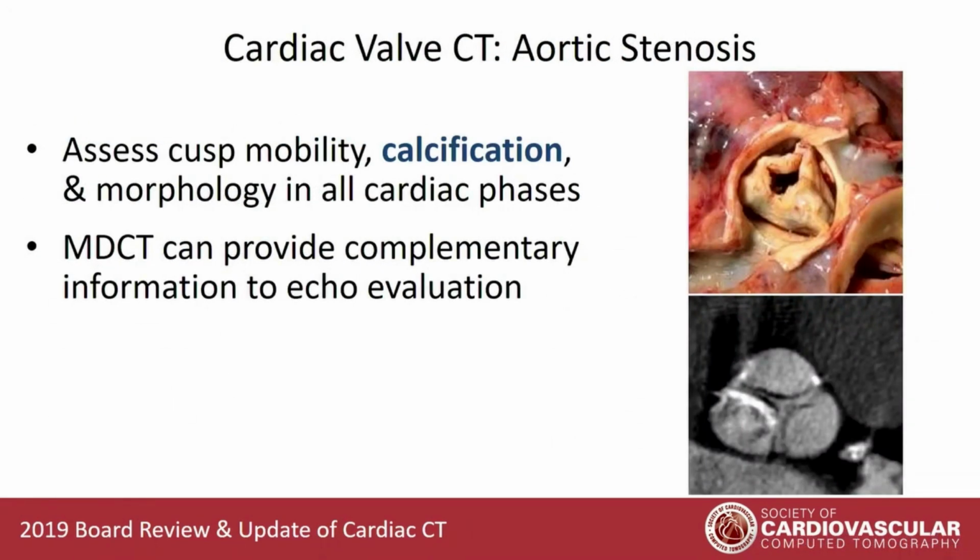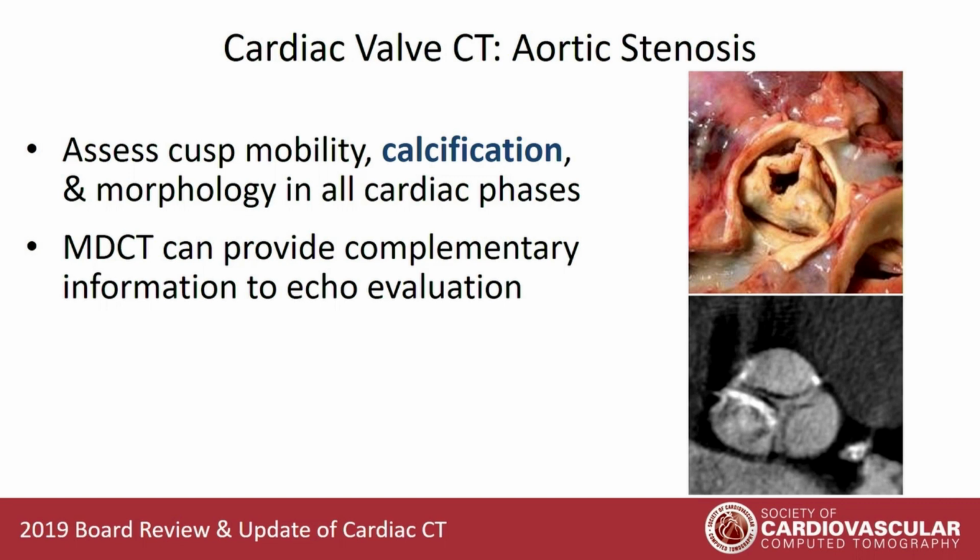With regard to, again, the strengths of cardiac CT and the role of cardiac CT in the evaluation of this disease, we can assess cusp mobility, maybe in a native valve, maybe close to as well as echo. We can evaluate calcification of the aortic root and the aortic cusps better than any other imaging modality, quite frankly. And we can also evaluate the morphology in all the cardiac phases.